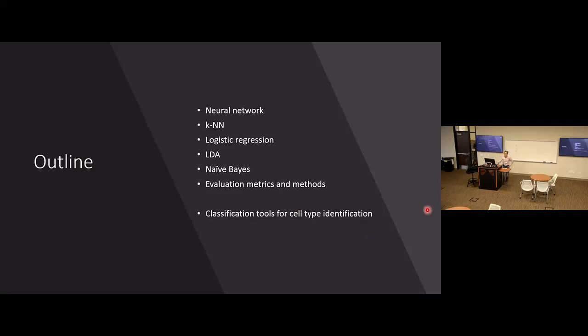We will discuss a couple of these commonly used classification methods, including neural network, KNN, and logistic regression. I will mention linear discriminant analysis and naive Bayesian, the approach, the framework.